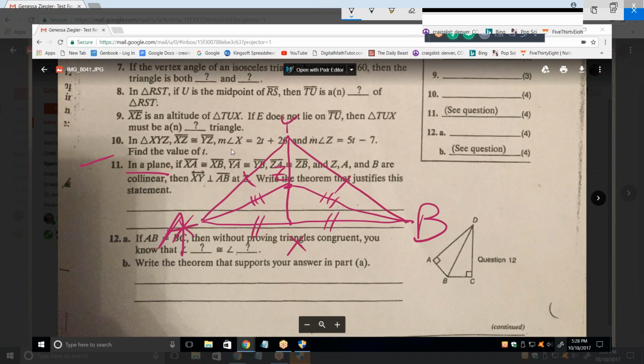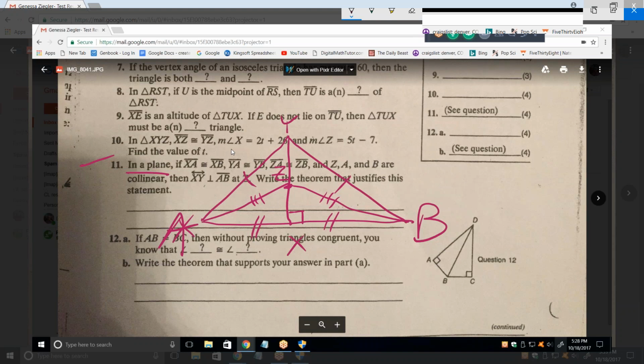Now we have to prove that XY is perpendicular to AB. Write the theorem that justifies this statement. Well, that's a good question. What is the answer going to be?